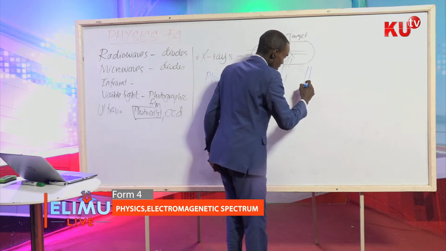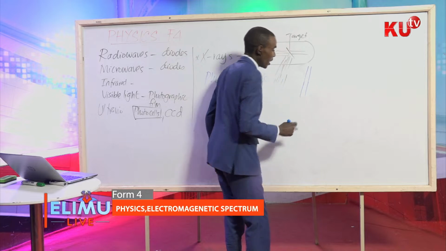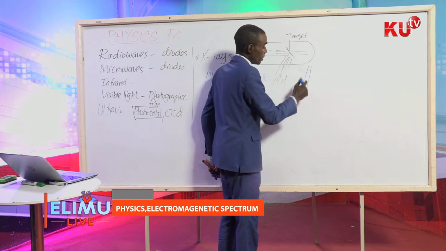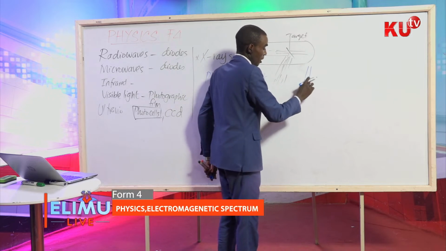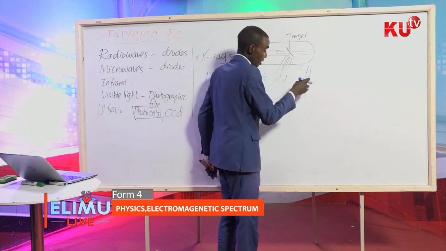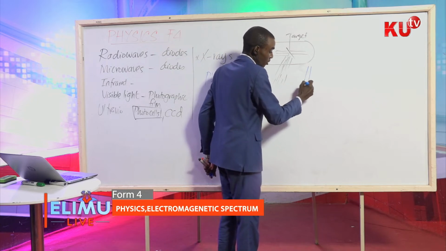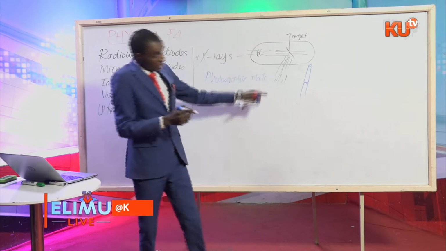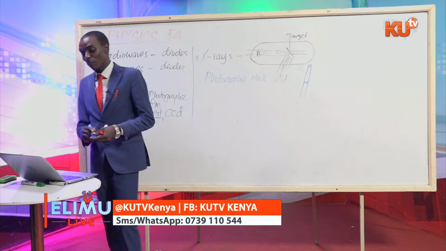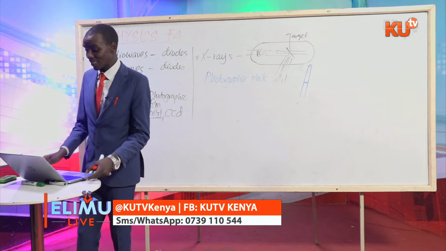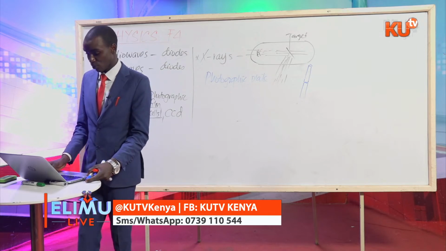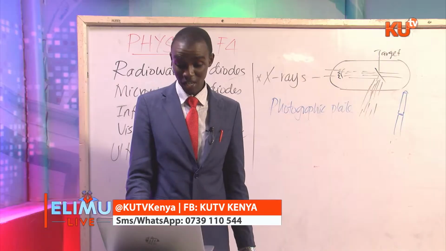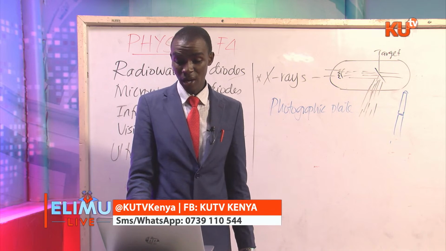So assuming that this initially was like that, and then X-ray beam struck. So we know that X-rays will be absorbed by the bones and of course penetrate the flesh. But then in case there was a fracture on the bone, they will still manage to penetrate. And that's how the image is generated on a photographic plate that the doc now examines and actually locates the position of the fracture. So X-rays can be detected using a fluorescent screen or a photographic plate.